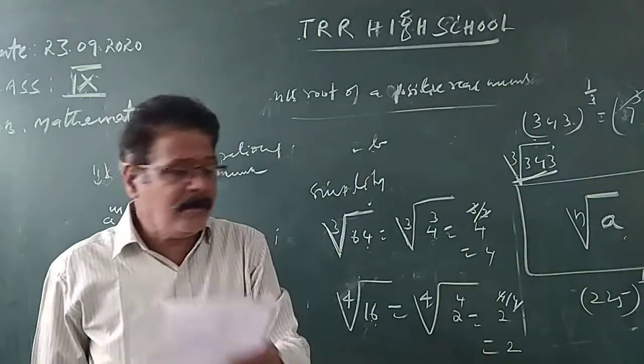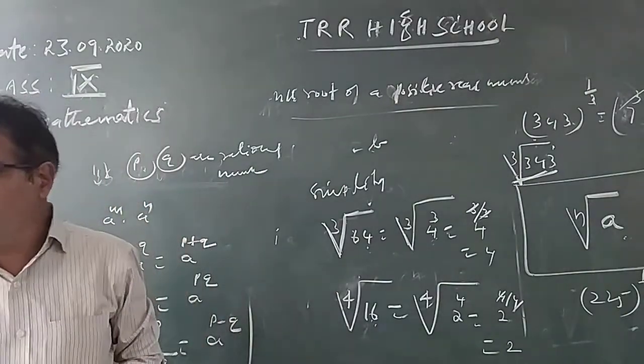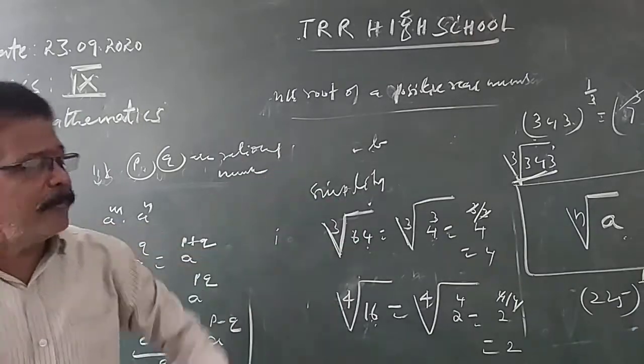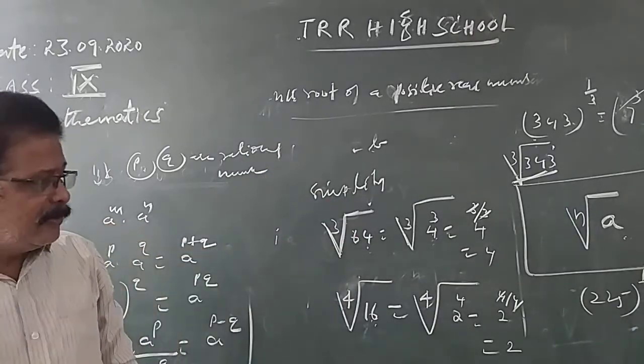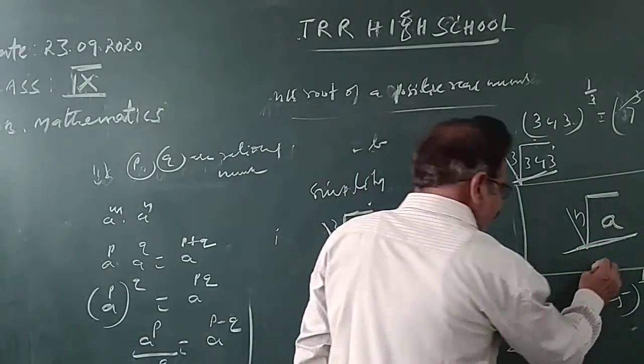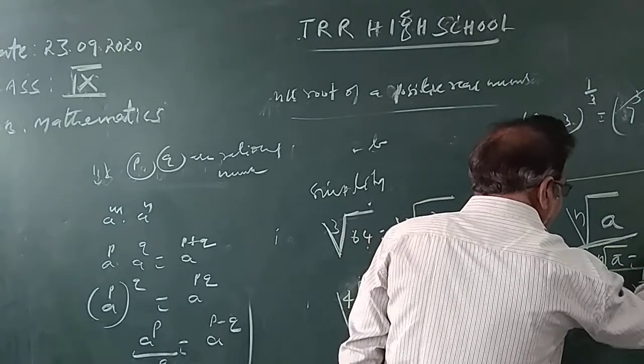So these are the laws of exponents, where the exponents are related to rational numbers. So we can find the nth root of a positive real number. In general, the nth root of a is the radical form, and the exponential form is a to the power of 1 by n.